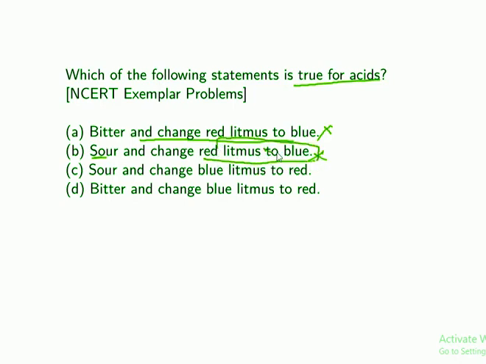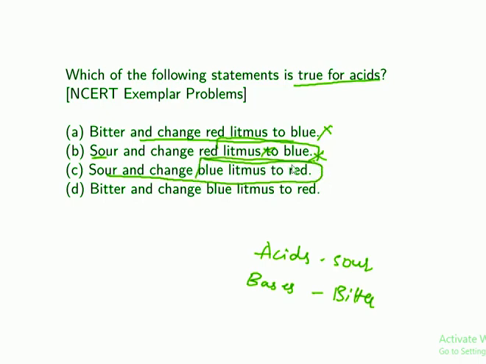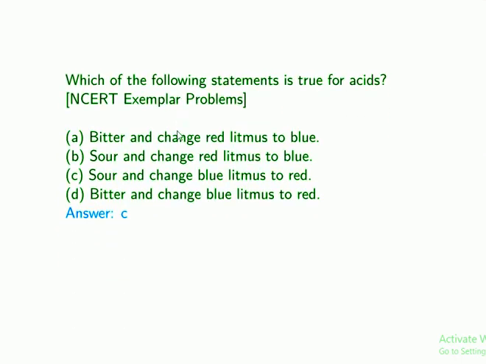So you know that acids are sour. Bases are bitter and salts are almost salty. Sour and change blue litmus to red: always remember, acids change blue litmus to red in color, and they are sour in taste. So option C is correct here.